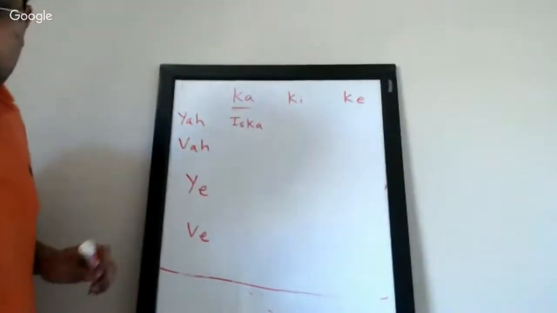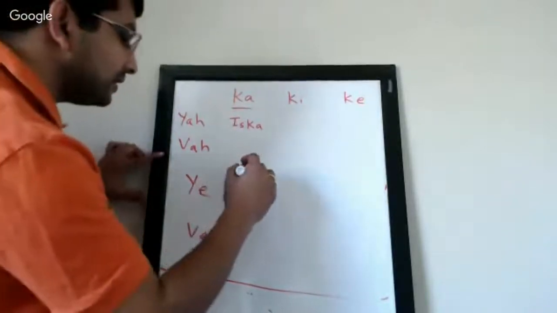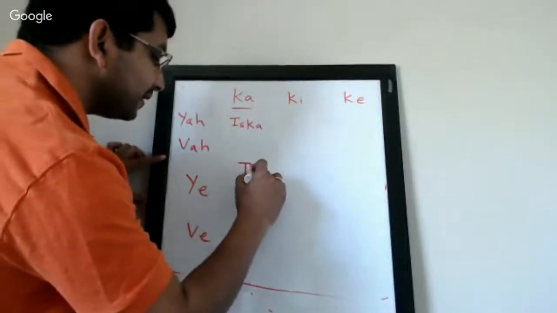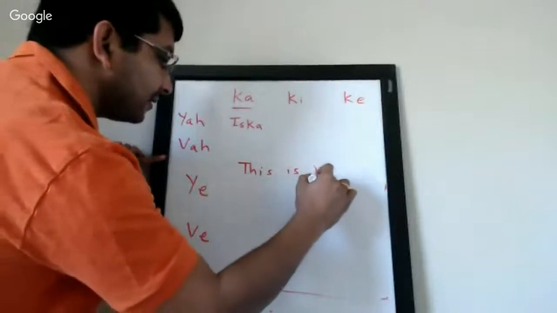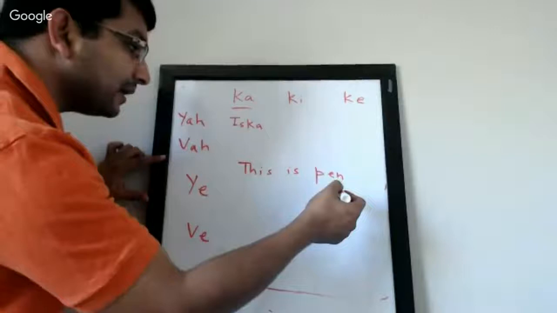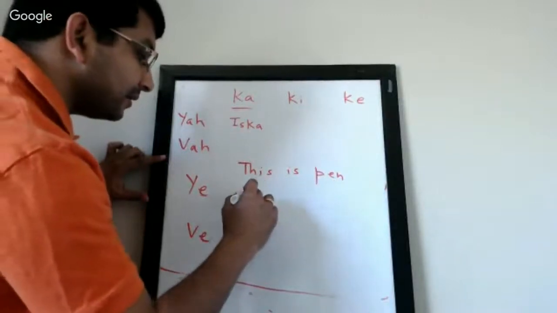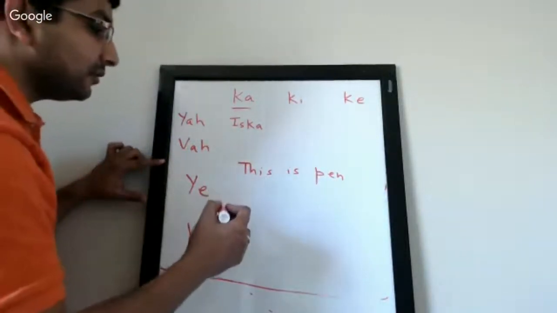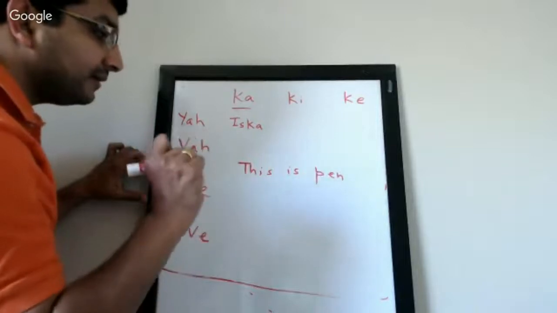Similarly, what you wanted to say is like, this is a pen. यह pen है. Now you want to say something about the pen, right? That this pen has a pointed needle.